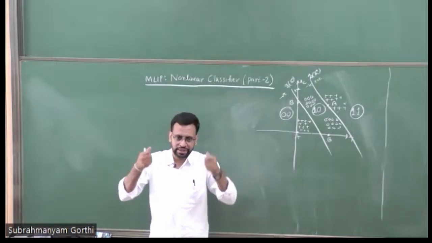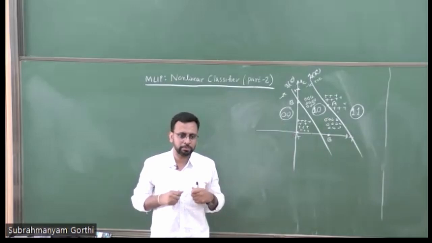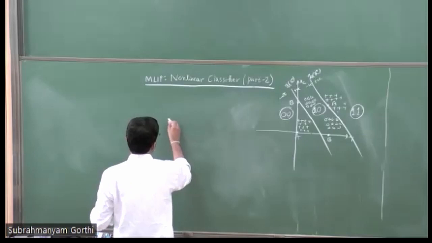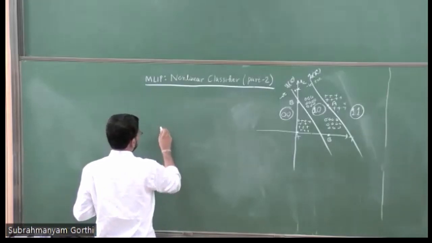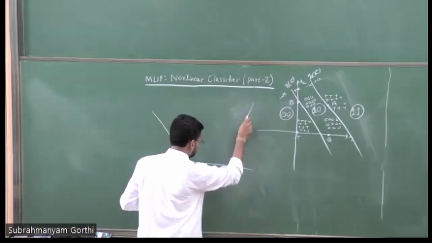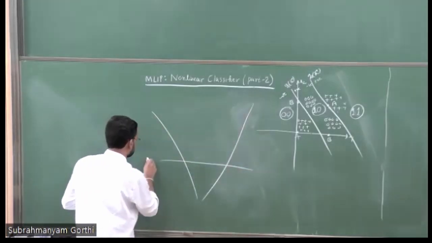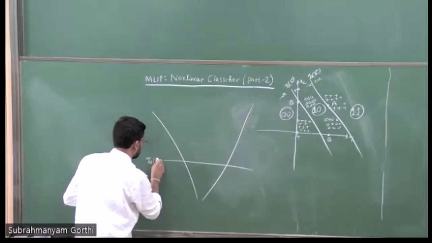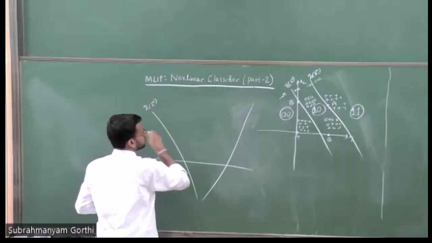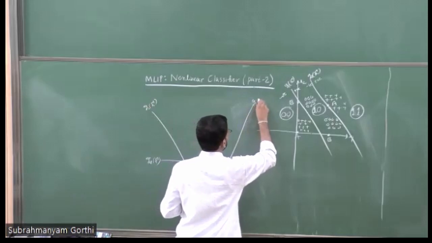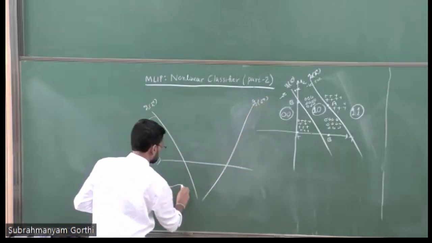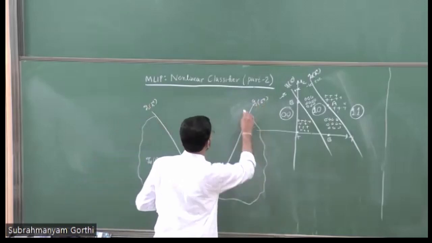As I mentioned, this need not be restricted to just two neurons in the hidden layer. You can have multiple neurons also. What would be the impact of that? Let's say this could be my G1 of x bar, G2 of x bar, G3 of x bar. Maybe my whole points are in this region.